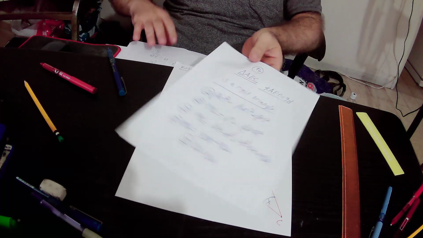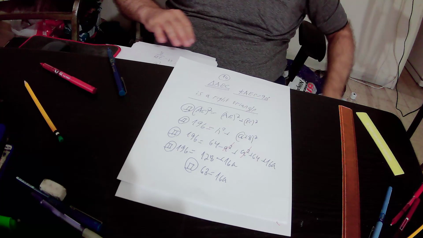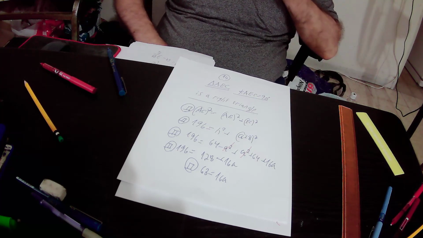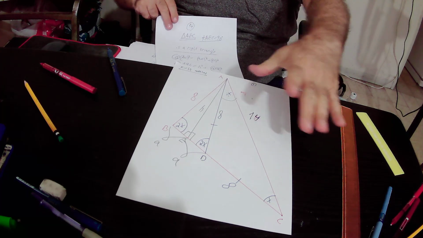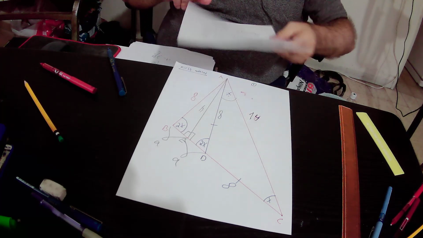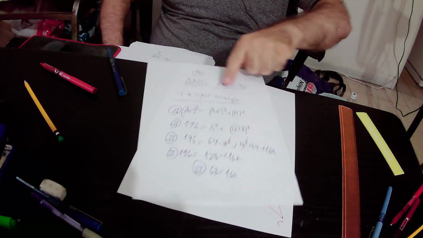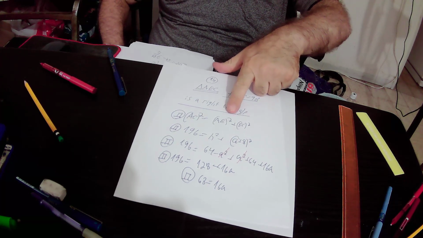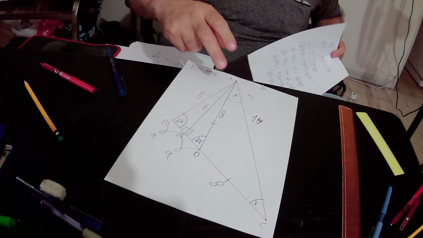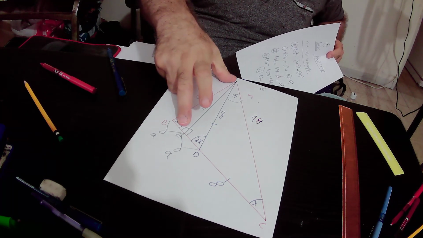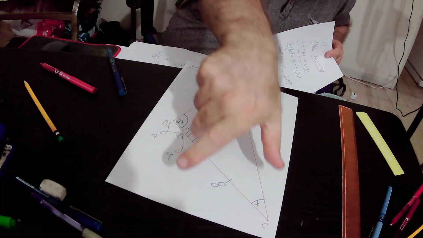According to the Pythagorean theorem, the square of the hypotenuse, that is to say AC square, will be equal to the sum of the squares of the perpendiculars, AE square plus EC square.